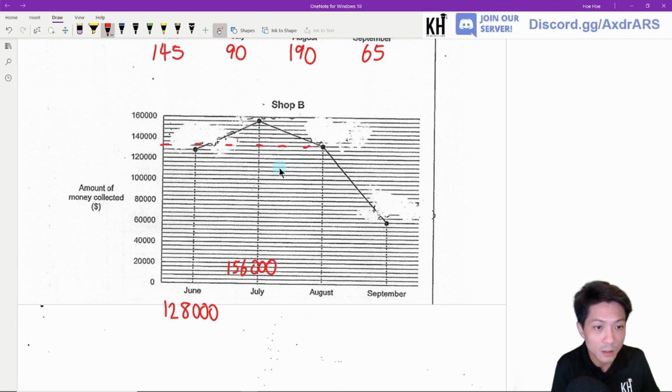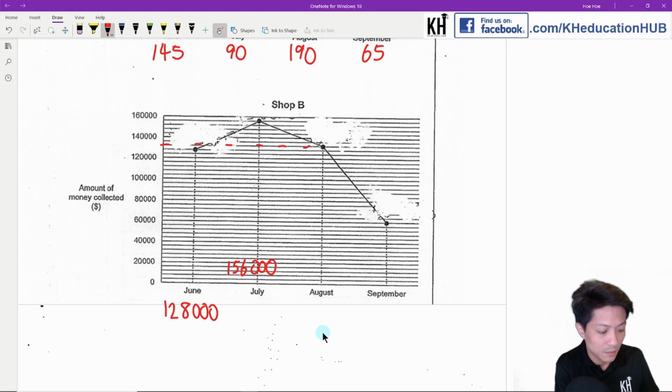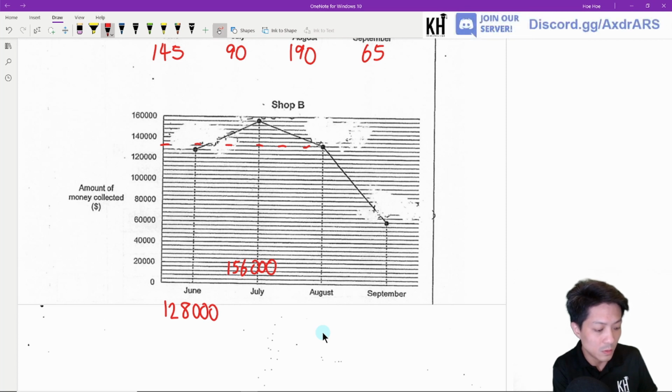I hope I got it correct. $4,000 times 3 plus 120,000. Okay, August is 132,000.